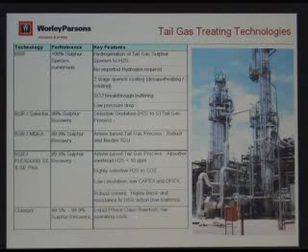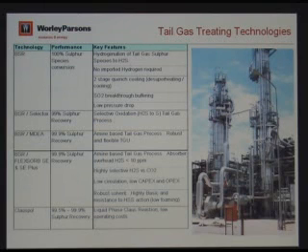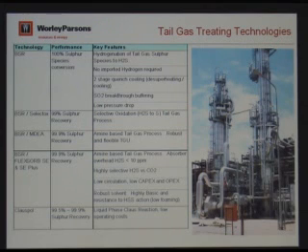This shows a summary of our tail gas unit and the requirements that we are looking for. When somebody tells us they want a tail gas unit, we have a technology called BSR. BSR is an abbreviation for the Bevan Sulfur Removal.